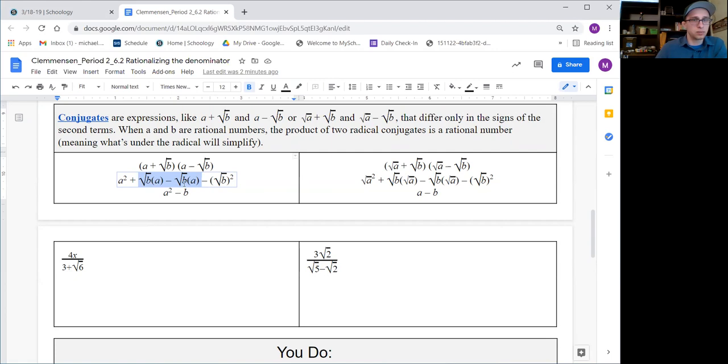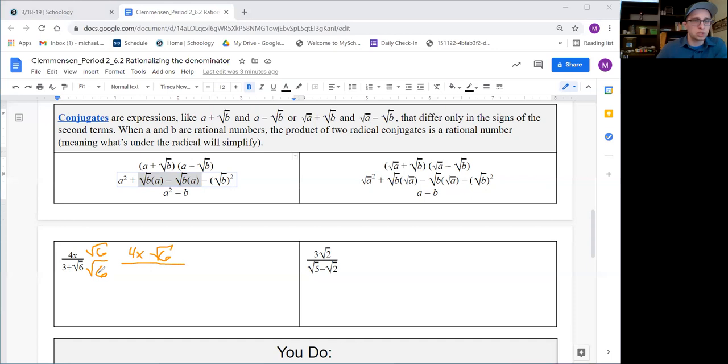Square root of B A minus square root of B A cancel out. And so I end up with a nice number minus a nice number. No more square roots. If I had tried to multiply this one by just the square root of 6 on top and bottom, square root of 6 over the square root of 6, I end up with 4x root 6 on top.